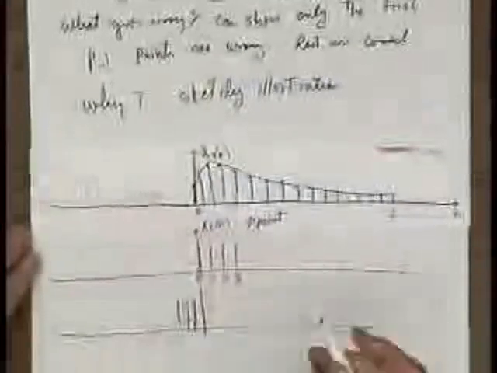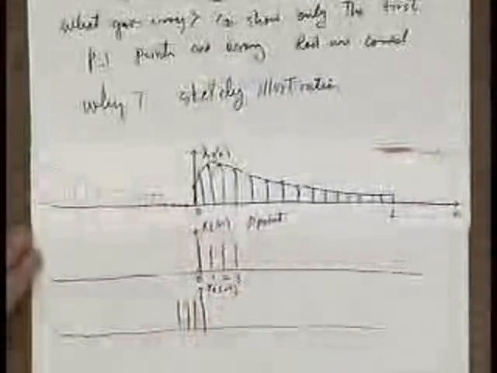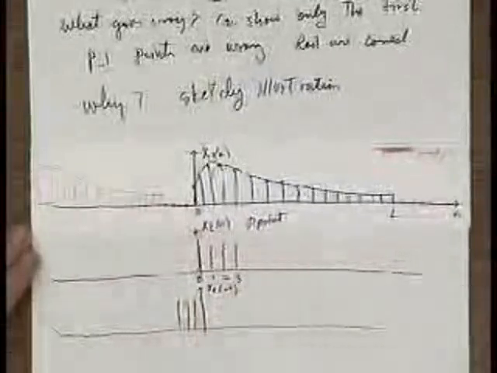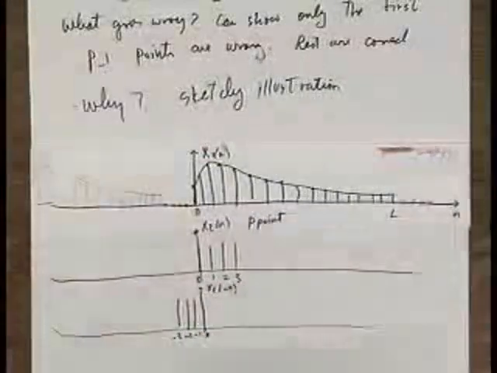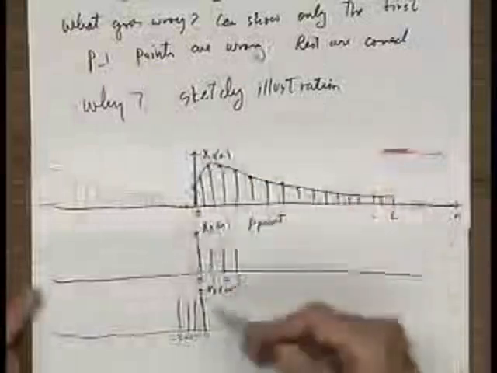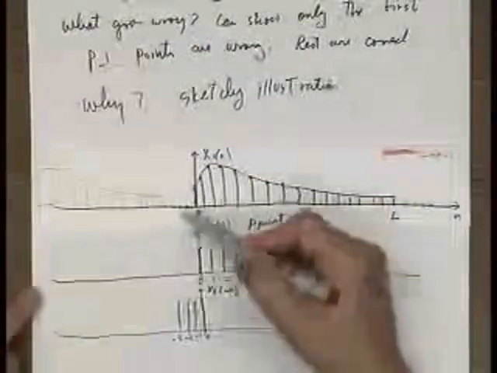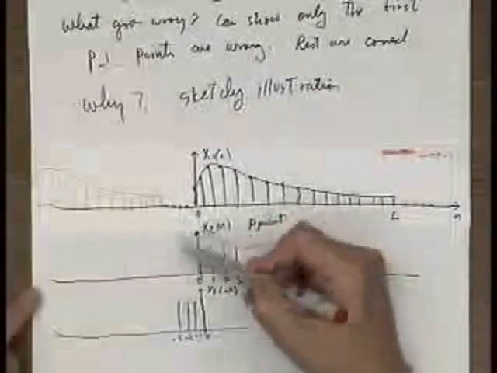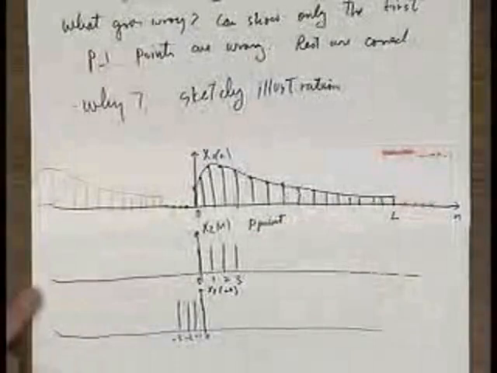This is x2 of minus n. Then I start multiplying: this would be 0, minus 1, minus 2, minus 3. I multiply this point by this 0, this point by that 0, and this point by this other 0. Okay?